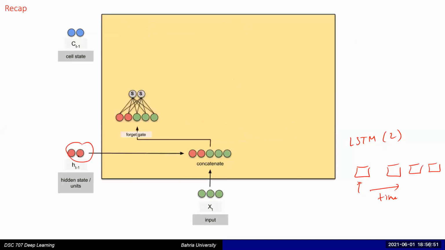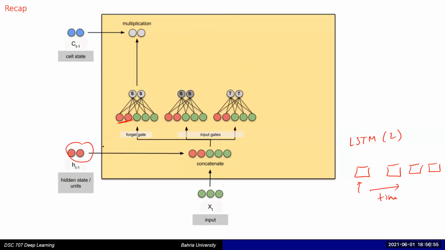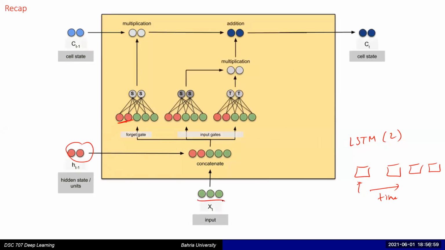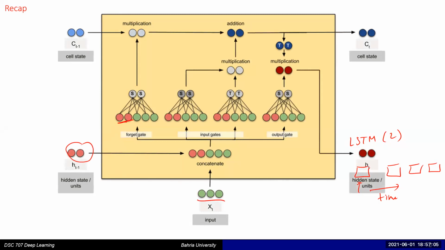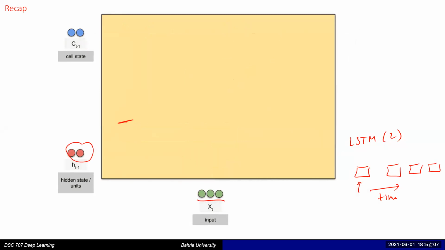Which is shown in this illustration by these red circles. Similarly, this is the size of your input. So whenever we implement an LSTM and we give a number, that number is actually the number of neurons in the hidden layer. Please do not think it is the number of boxes.